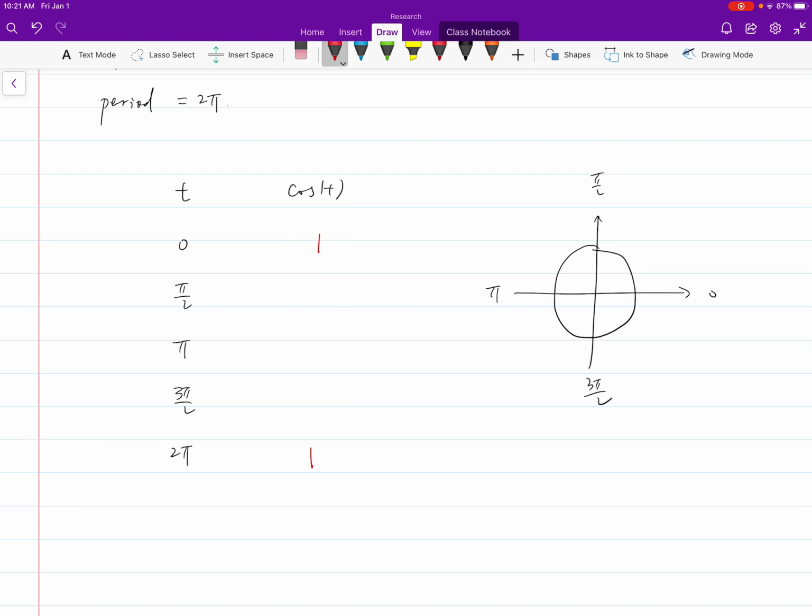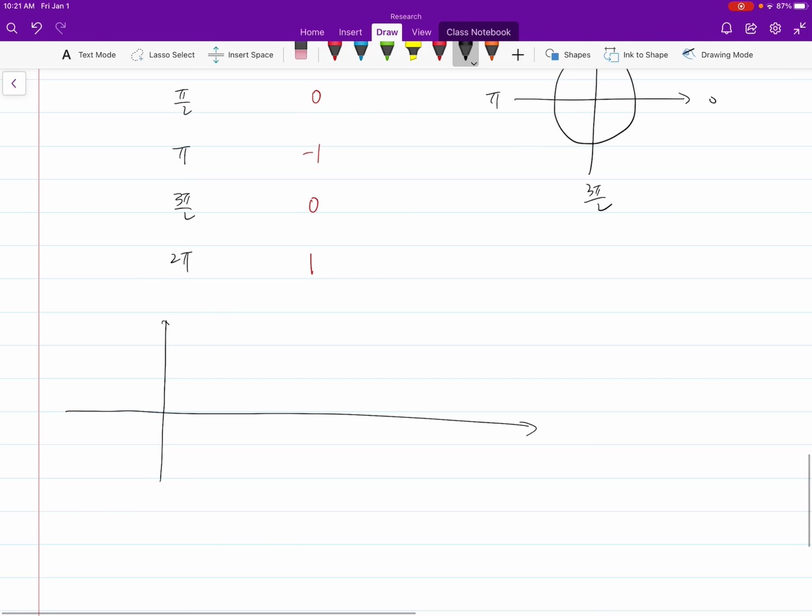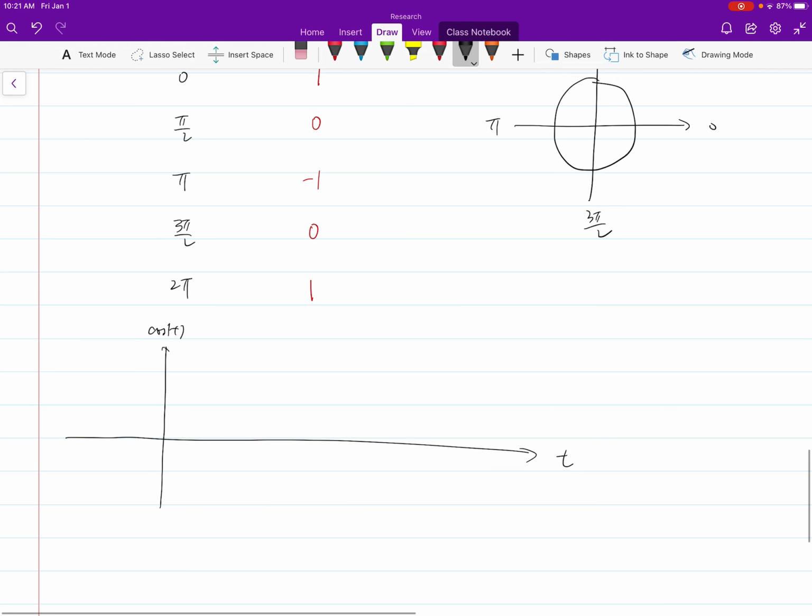Okay, then what we have, and remember, the first one and the last one are going to be the same: 1, 0, -1, 0, 1. So that's what we got. Let's draw these 5 points.